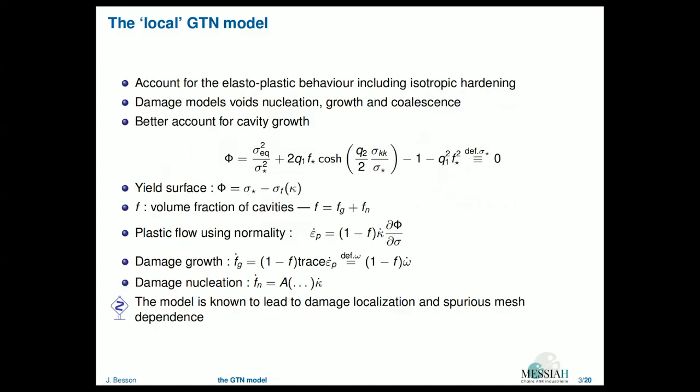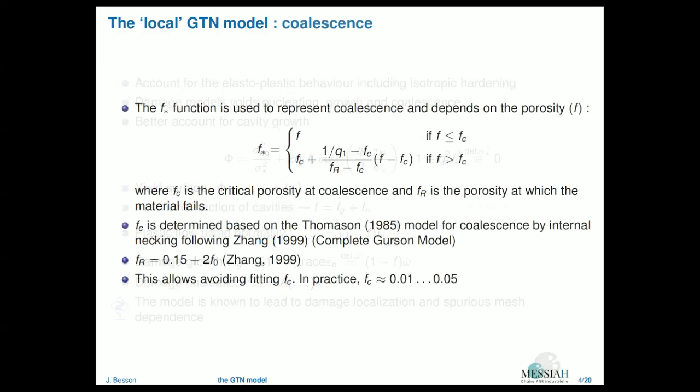Once again, you have void growth and damage nucleation. As I already presented, the model is known to show very strong localization due to mesh dependence. It's not only mesh size, but also mesh orientation and so on. So we wanted to get rid of that problem and used a non-local model.